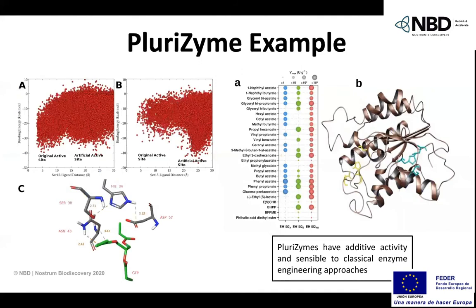Let's see results in esterases. I put here the example of one of them. For all the enzymes I mentioned, the PluriZyme approach works. In this example, we have the original exploration where we map the original active site, but also identify this potential area.